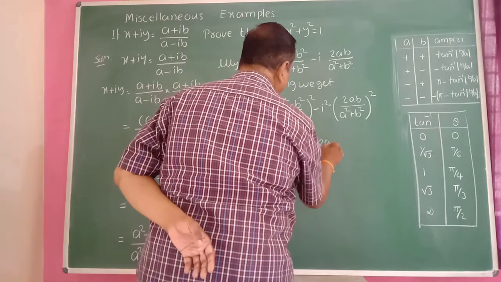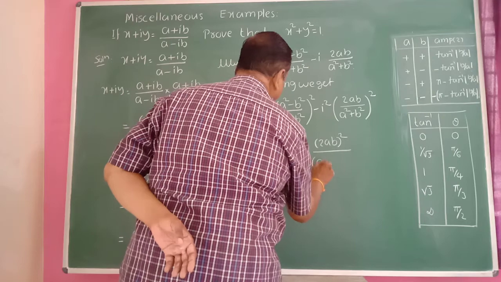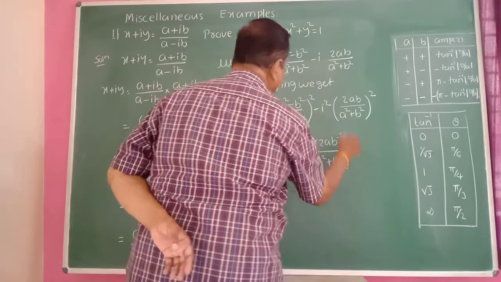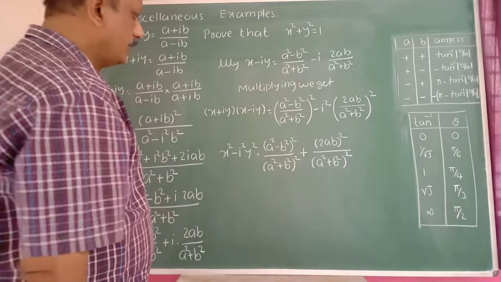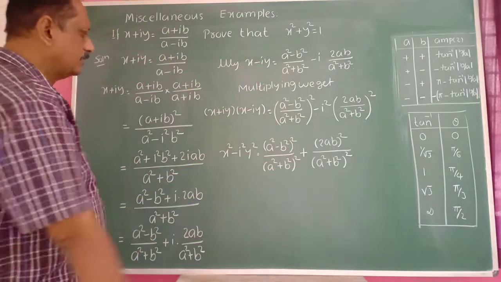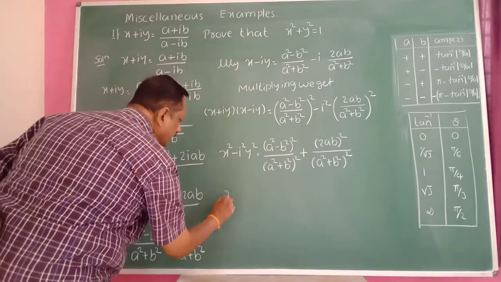Then 2ab, it's a square, divided by a square plus b square, it's a square here. Then here the LCM is a square plus b square whole square here. Again here i square is minus 1. Minus into minus becomes a plus here.